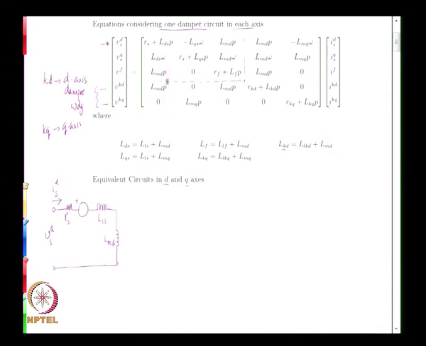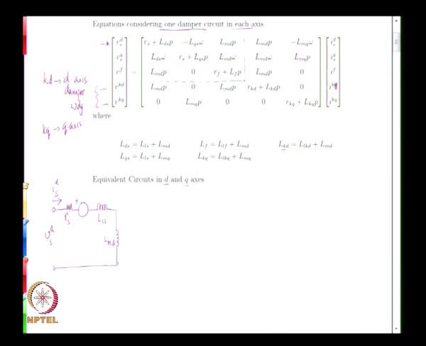So, LLS plus LMD is then this term. So, this equivalent circuit accounts for this term and this term and these two speed EMF terms. Now, what is left is these two terms which arise due to field current and KD damper.